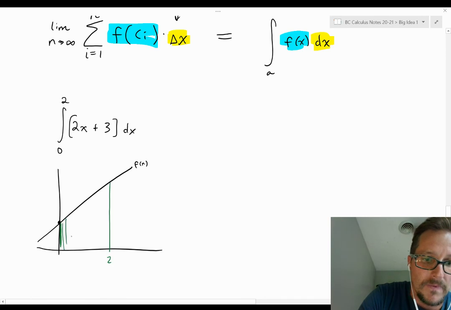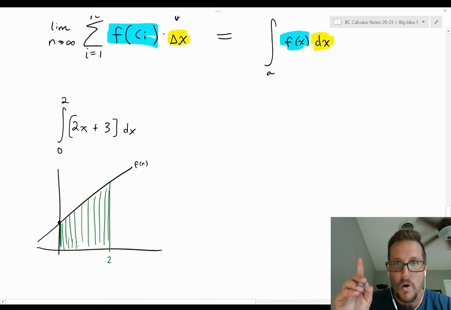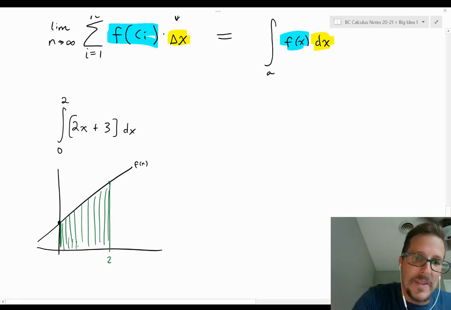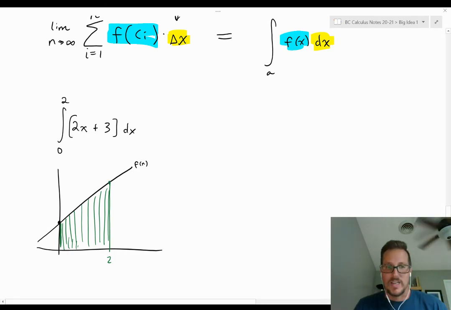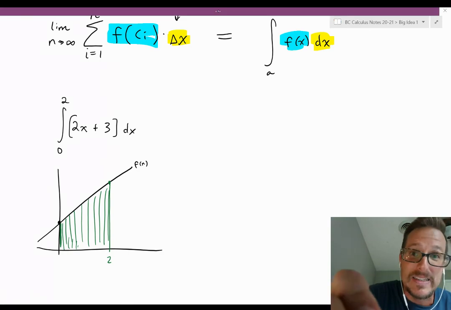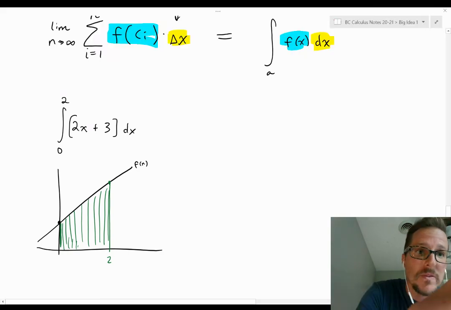Okay, so that area right there, some of you are like, whoa, why do we need calculus for that? That's a trapezoid. Come on, man. I don't need calculus. Look, that's a trapezoid whose base is 2. This distance is 3.